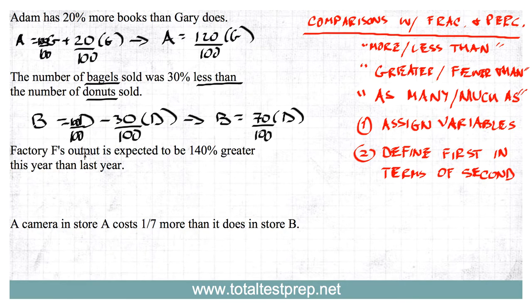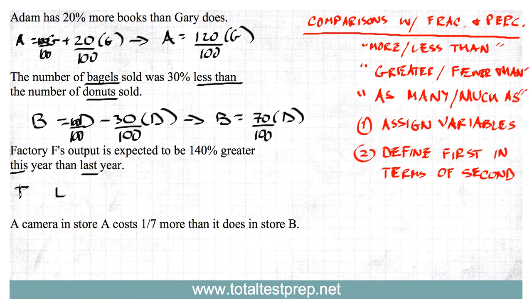So factory F's output is expected to be 140% greater this year than last year. What are we comparing? We're comparing the output this year to the output last year. We're mentioning this year first and then last year, so I'm going to use the variables T and L. If the output is expected to be 140% greater this year than last year, that's a comparison, just using percents.